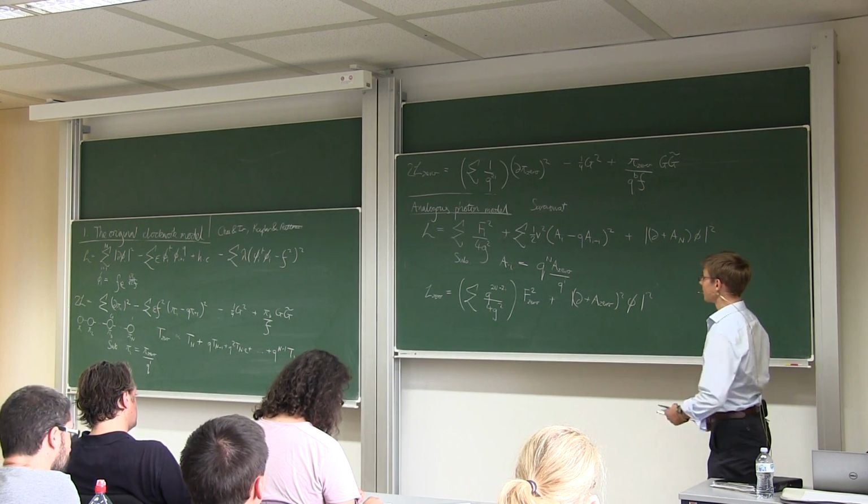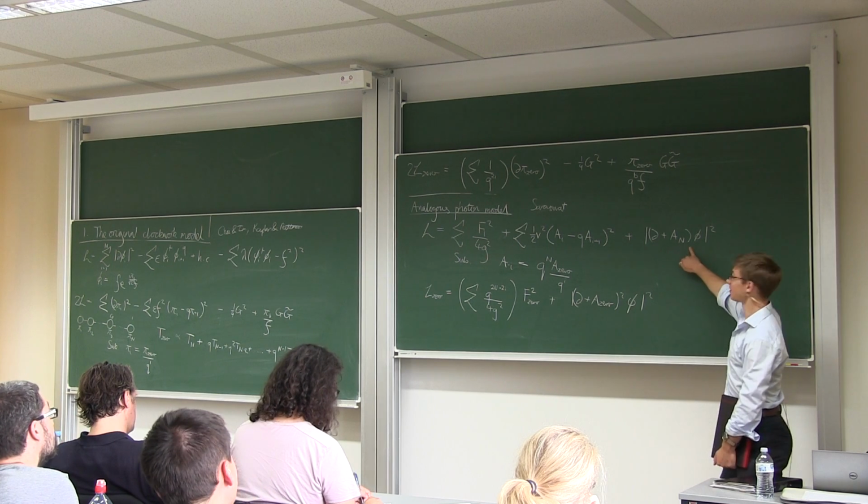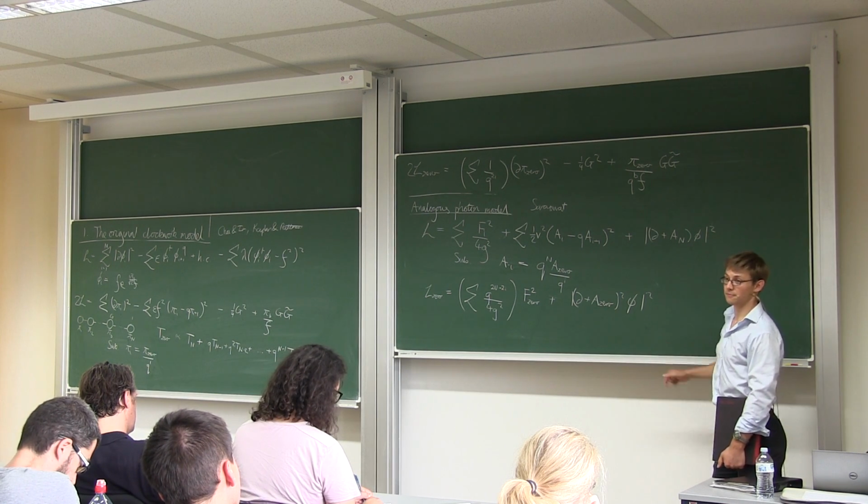So what essentially happens is you get an extremely suppressed gauge coupling, and if you couple to the right end of the lattice, you keep your unit charge. That's what's going on.